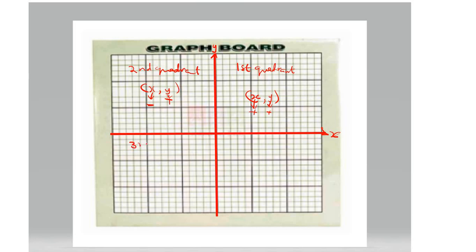Here is my third quadrant. On this third quadrant, both x, y coordinates are negative, negative. Is that clear? Here is our fourth quadrant. On the fourth quadrant, x is positive and y is negative. So it helps you to know where your point lies. With that, let's fix the points now.